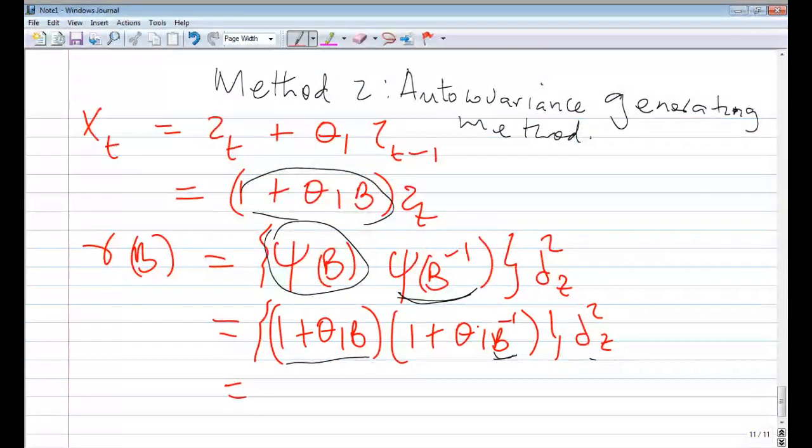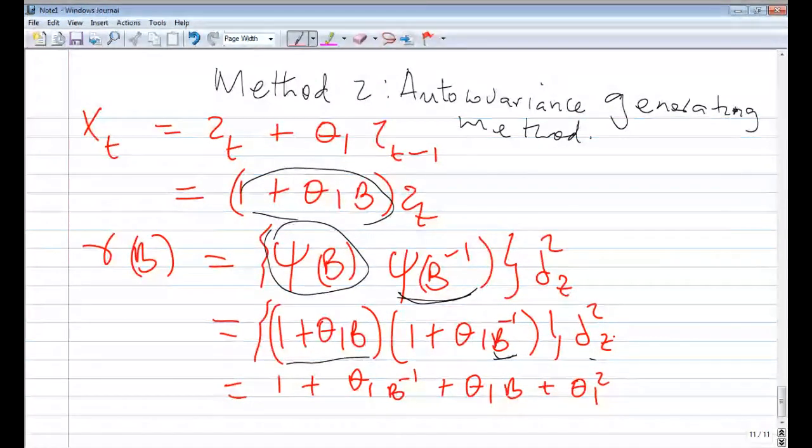So now from there you open the brackets, simplify. So 1 times 1 is 1, plus 1 times theta 1 B inverse is theta 1 B inverse. Theta 1 B times 1 is theta 1 B. Theta 1 B times theta 1 B inverse is theta 1 squared.